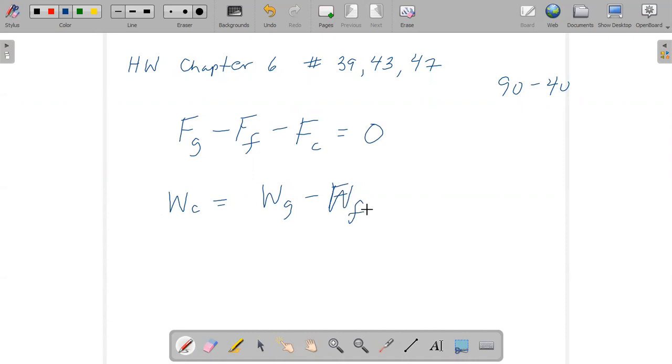And it's going to be negative because we're going against the force.